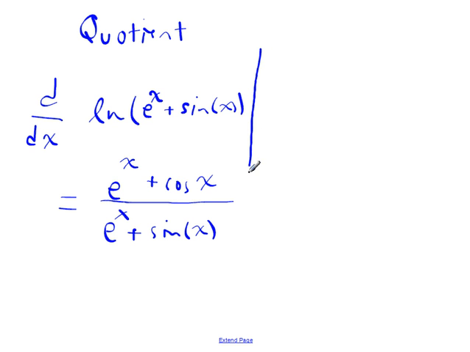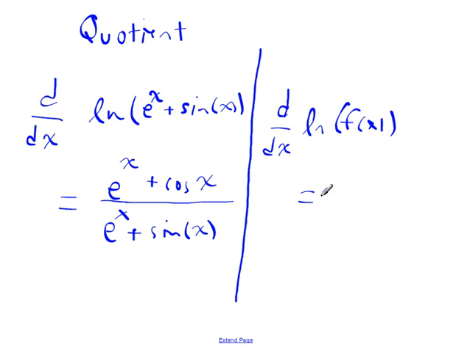Okay, this should bring up the general form that anytime you're taking the derivative of ln of a function, you will get the derivative function over the function. So therefore, let's say that we wanted to integrate f prime of x over f of x.